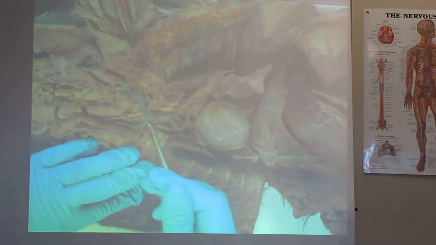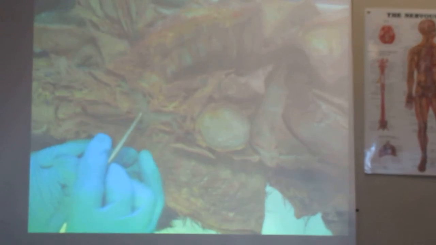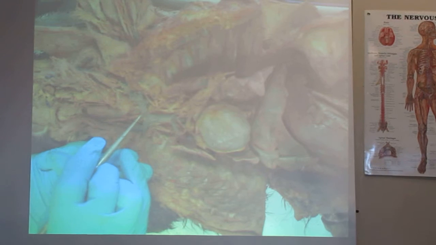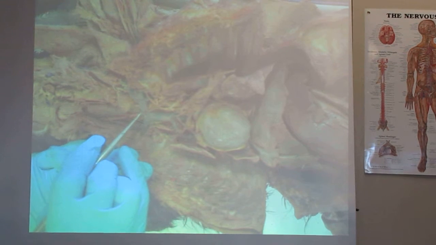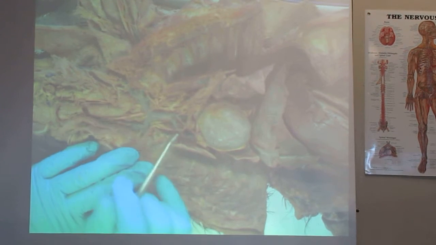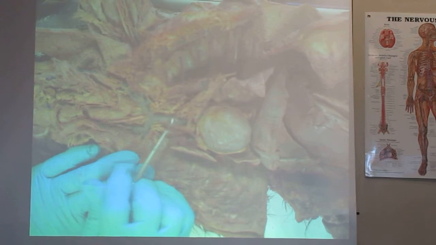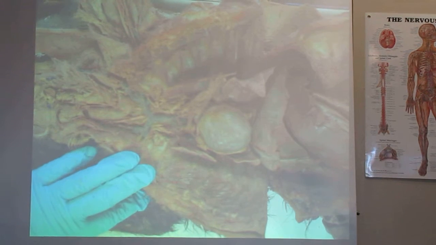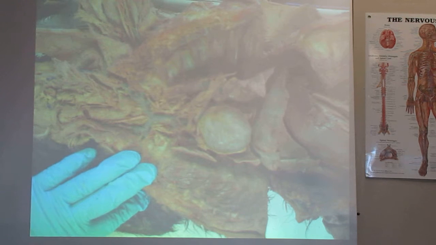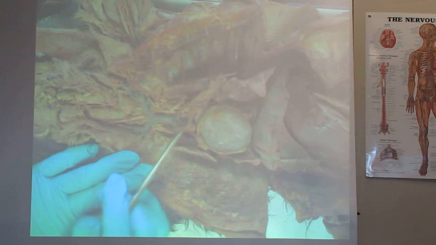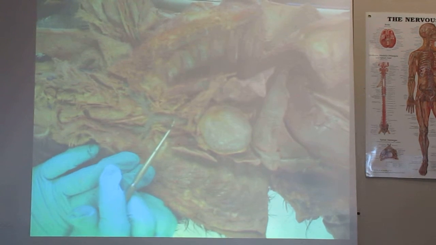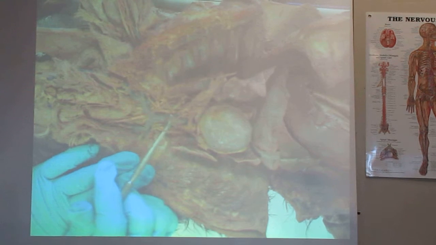Then here and here would be our brachiocephalic artery. Here is our internal mammary. That's the one that I said was going to come towards you. So internal mammary or internal thoracic is what that one is.